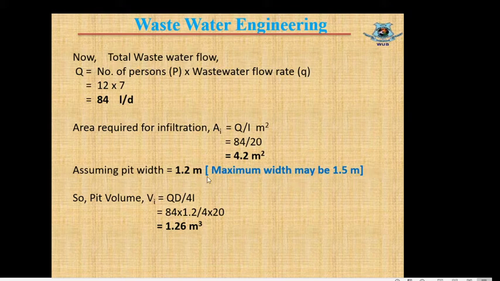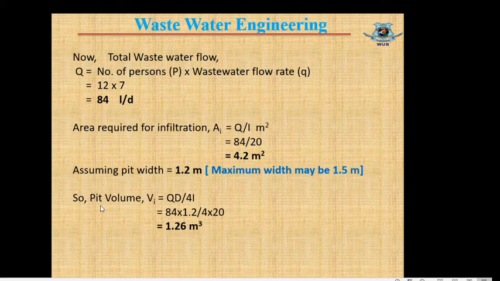The design consideration will be the same as pit latrine, and in our third lecture we have seen the design consideration for simple pit latrine, and in this design consideration there was a statement that pit width may not be greater than 1.5 meter. So we have to choose a width within this 1.5 meter. So here we have chosen 1.2 meter.